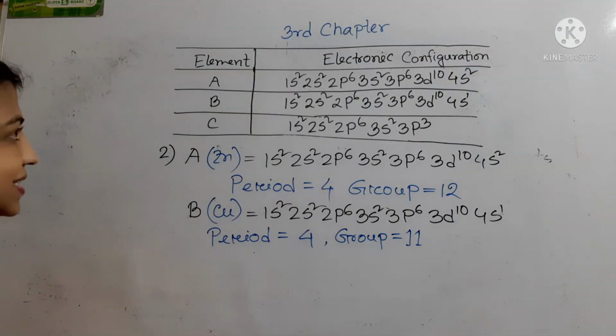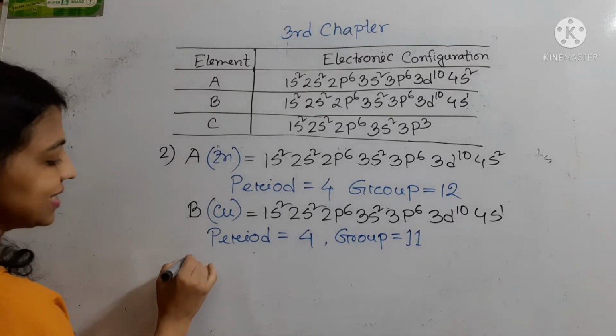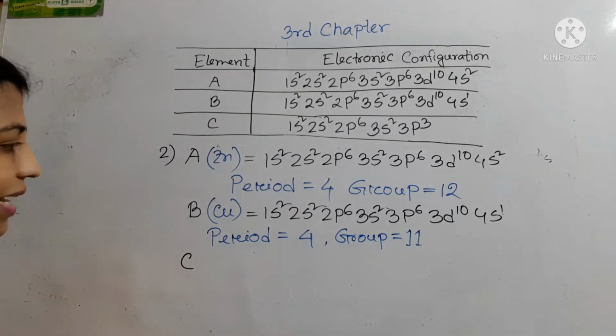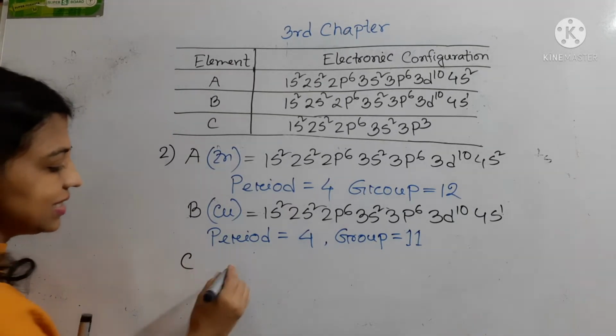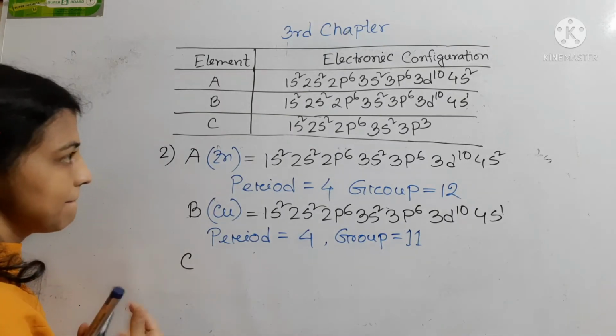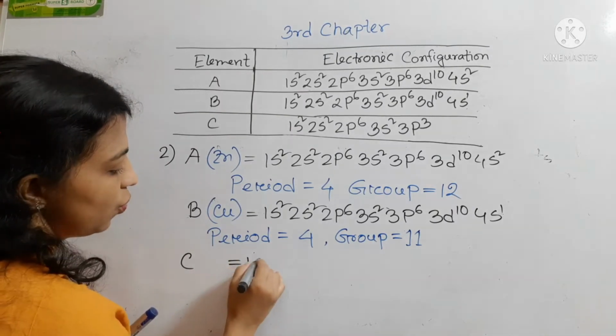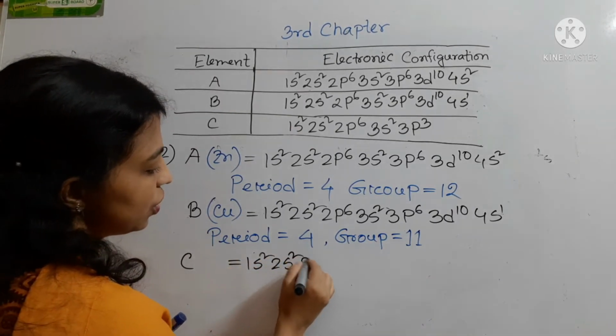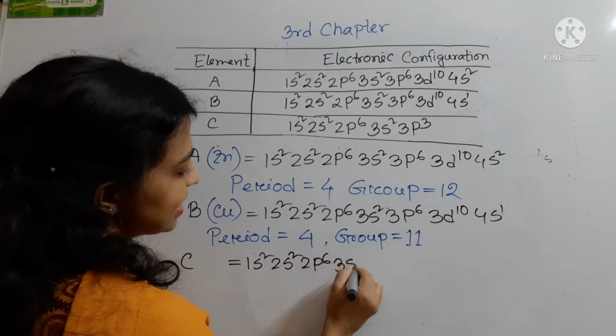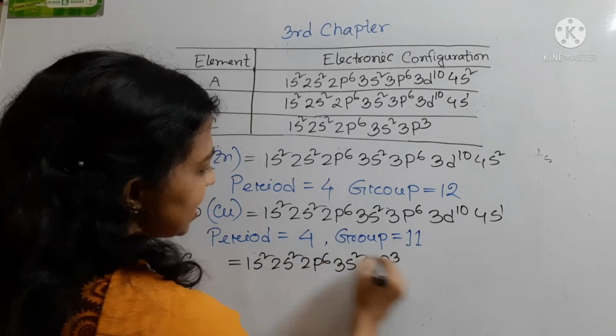Now come to C. Students, you have seen that the electronic configuration of C is 1s2, 2s2, 2p6, 3s2, 3p3.